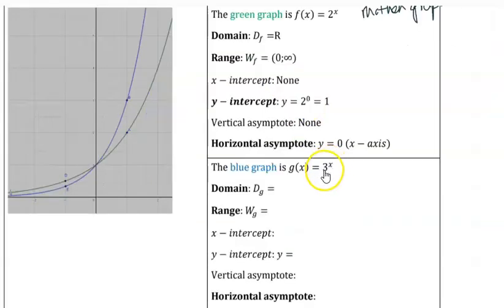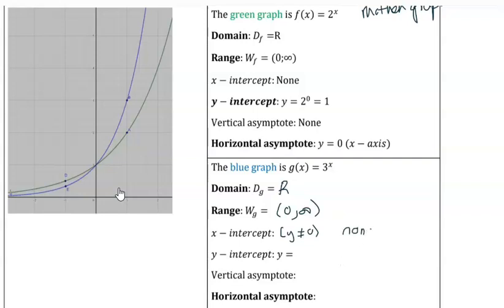Now I've taken my a and I've increased it from 2 to 3. And my domain will still be all real numbers, and my range will again be from 0 to plus infinity. Y cannot be 0, so we do not have any x-intercept.